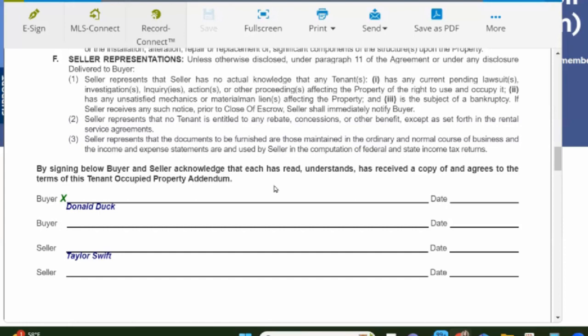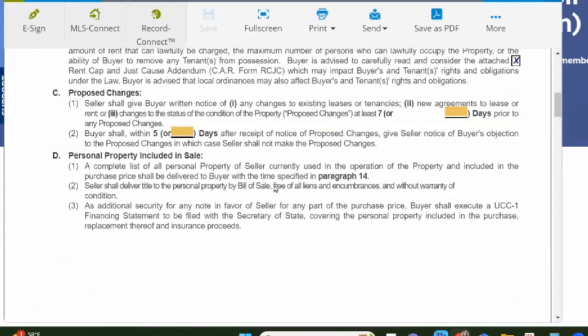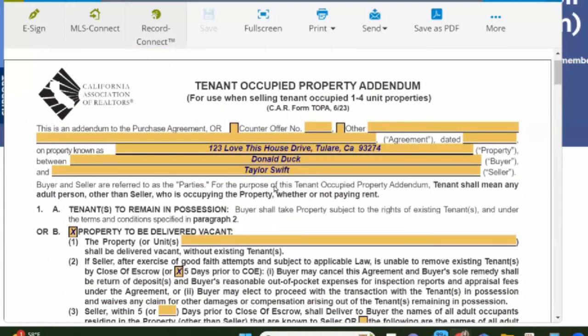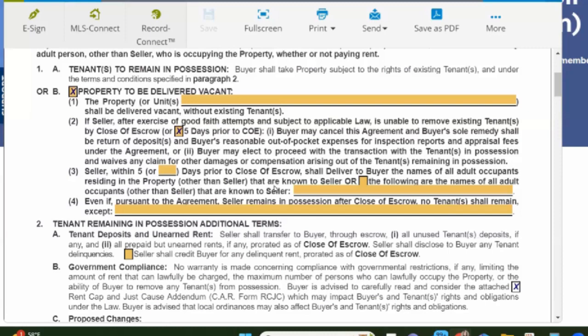Now here it says that the income and expense statements are used by seller in the computation of federal and state tax returns. So something to just note, I used to work for a CPA office, and sometimes you write off more things for tax purposes than in reality.